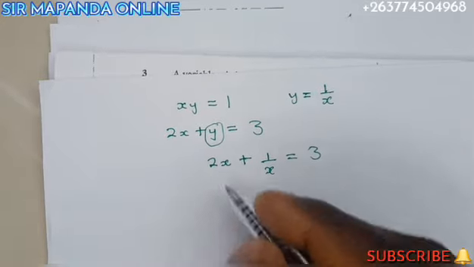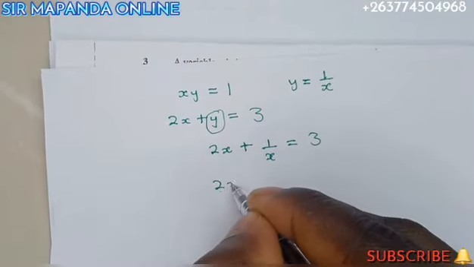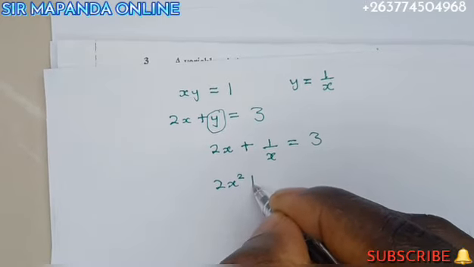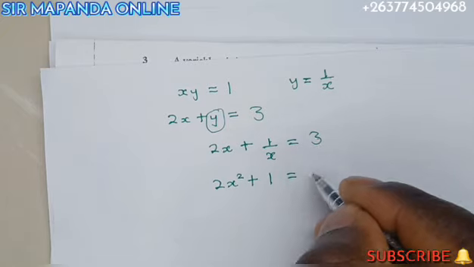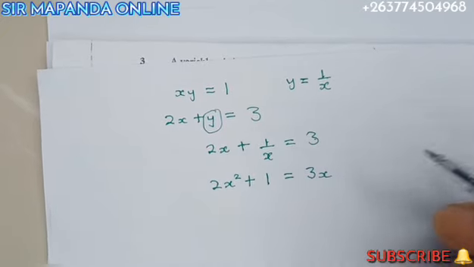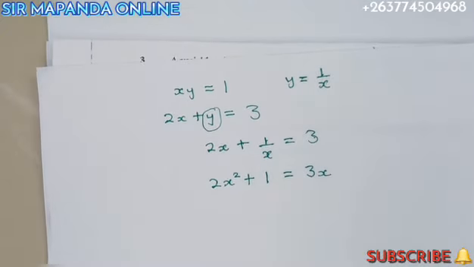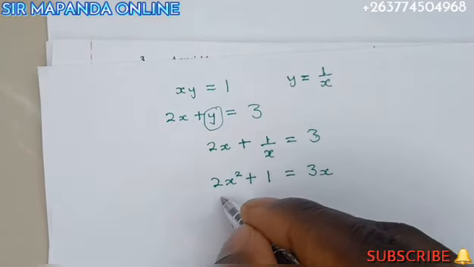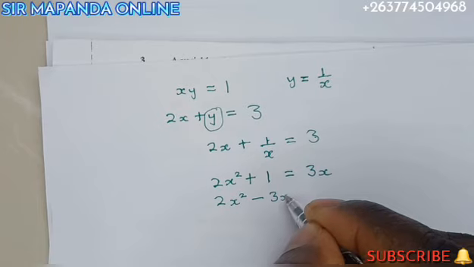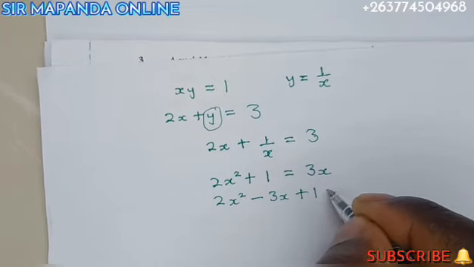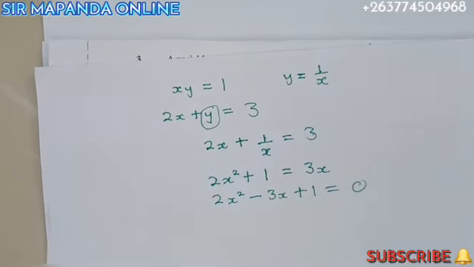So x times 2x, you get 2x squared. Then x times 1 over x, you get 1. x times 3, you get 3x. So let us move 3x to the left. You get 2x squared minus 3x plus 1 is equal to 0.